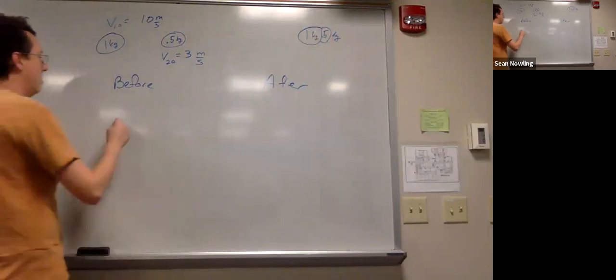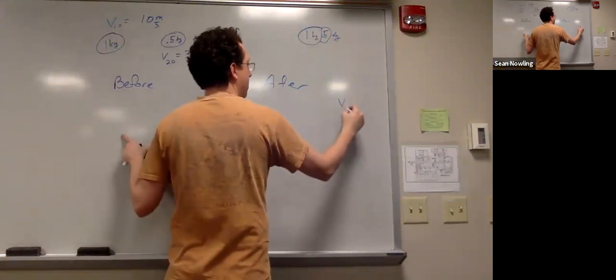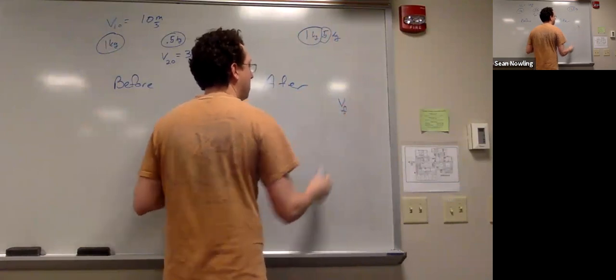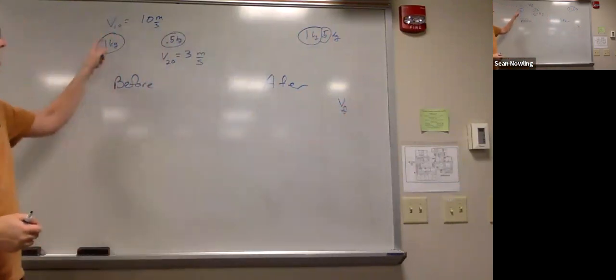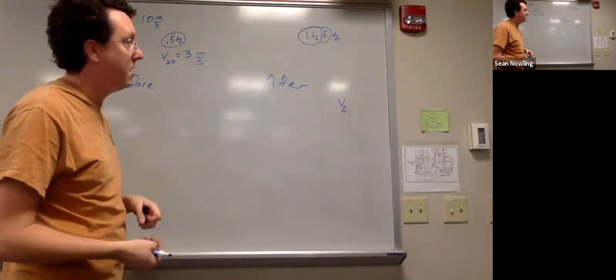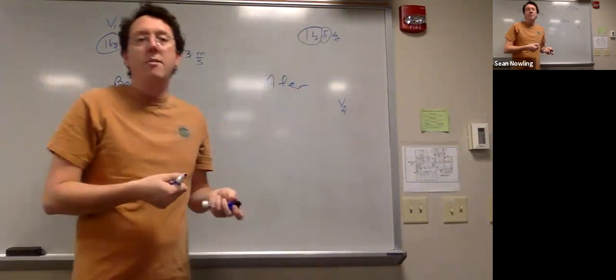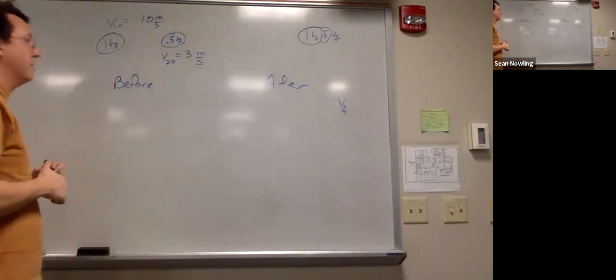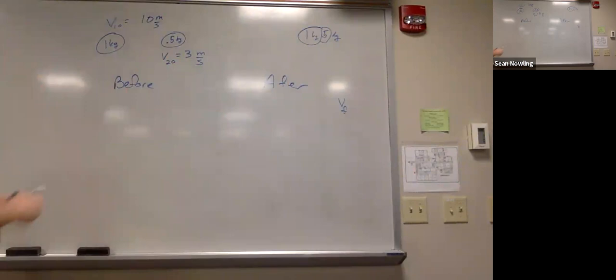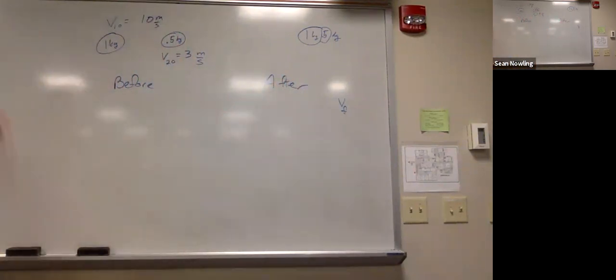I would like to know the final velocity, v final. You could say the final velocity of the 1 kilogram mass, or of the 0.5 kilogram mass, or of the pair, because they stick together and so they have the same final velocity. Okay, so how will we do this?